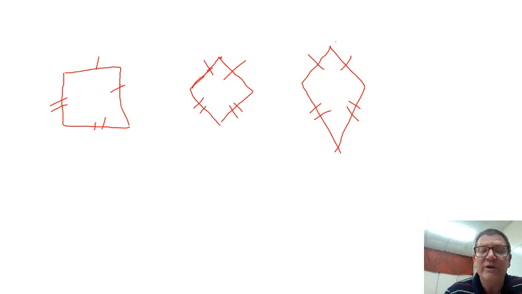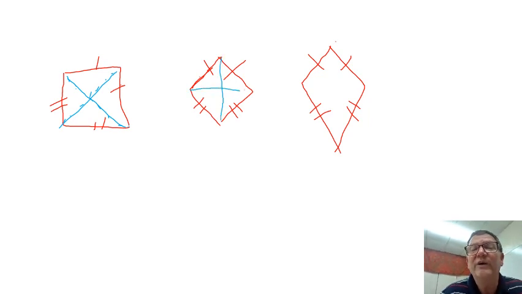There's one other very unique thing about them. If I do a dotted line from vertex to vertex, I'll just draw a straight line to make it easier. If you notice, in the center it made an X, and there are actually four right angles in there. If I come to my rhombus and do the same thing, in the very center I get that X again, and I get four right angles.